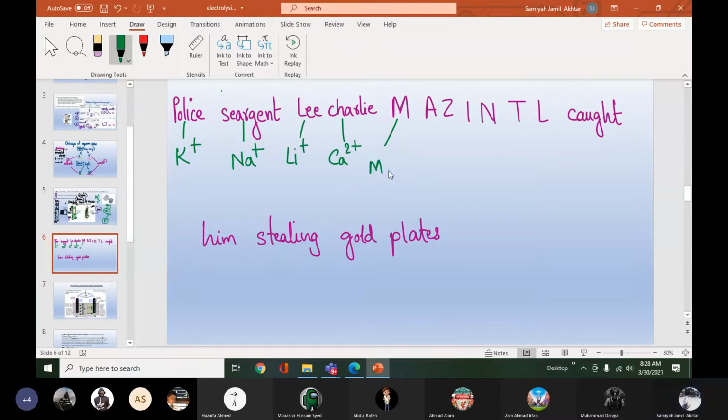Mesental: Mg. From A, it's aluminum. From Z, it's zinc. What is from I? Iron. Iodine is a non-metal; we are doing this for metals, for cations, metal ions.